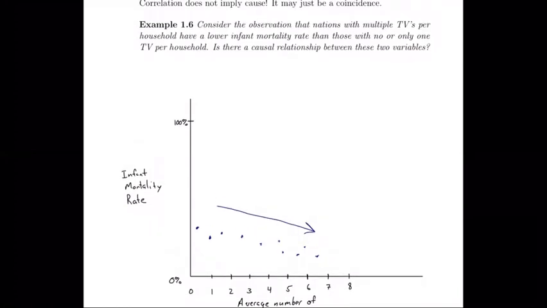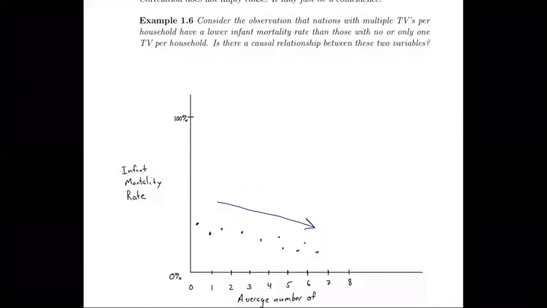As the data on the x-axis increases, our data along the y-axis decreases. In other words, in the context of the problem, higher infant mortality rates occur over here, where there are fewer average numbers of TVs in households in the nation, and on the other end, the more average numbers of TVs we have per household, the lower the infant mortality rate. So it's a negative correlation that they're describing.